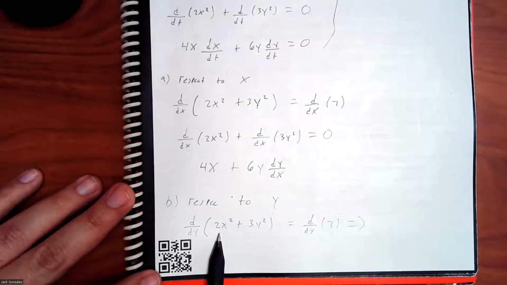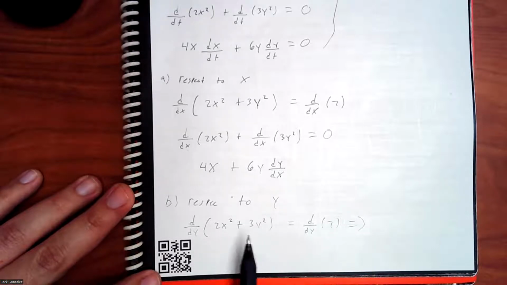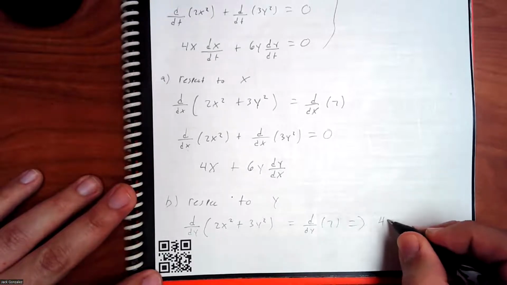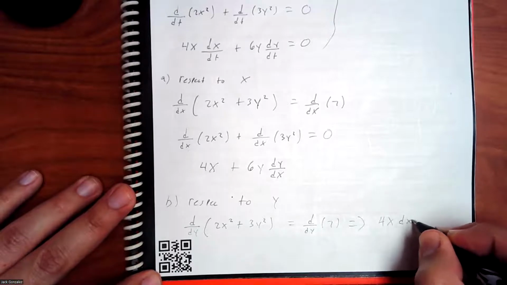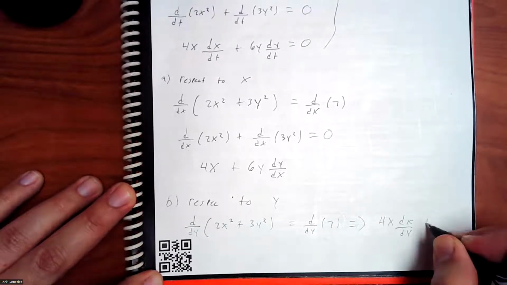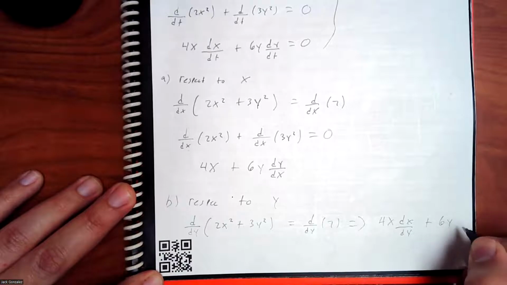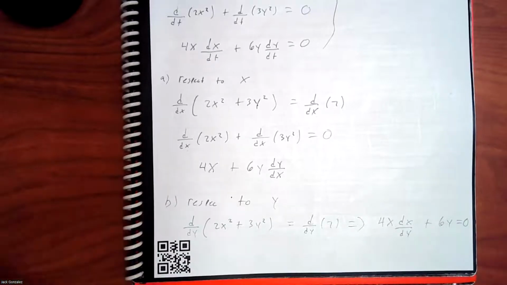This guy would now be implicit because it doesn't match. This one would not be. So it would be 4x dx dy plus 6y equal to 0. You guys see the pattern, right? Any questions on that refresher for implicit?